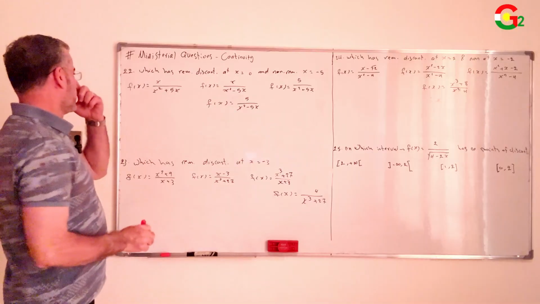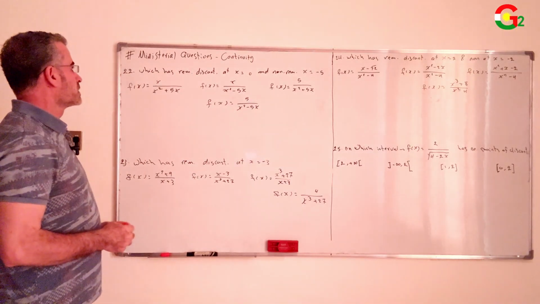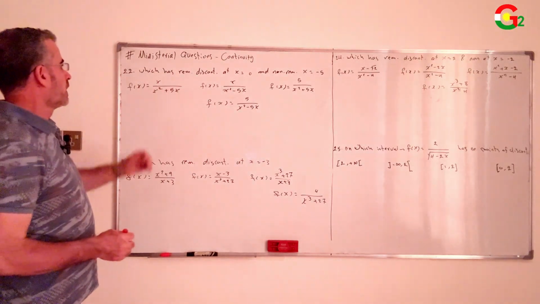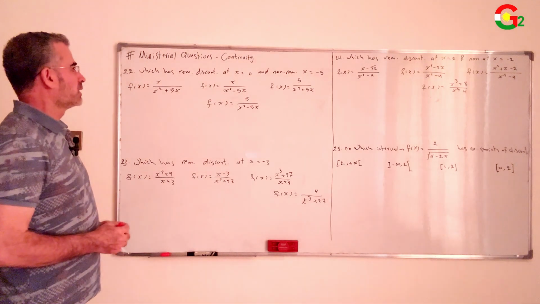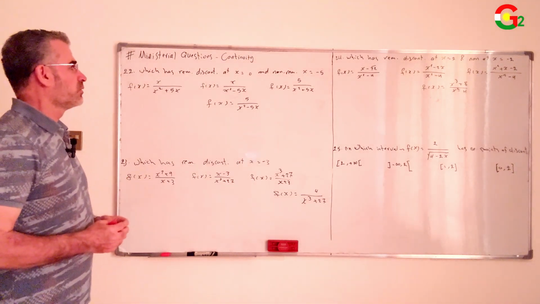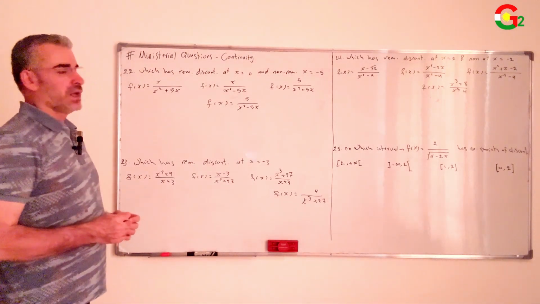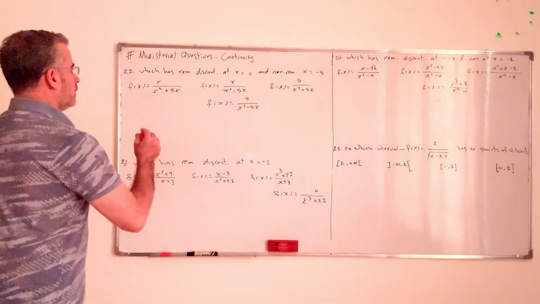Question number 22. Which of the following has removable discontinuity at x equals 0 and non-removable discontinuity at x equals negative 5?